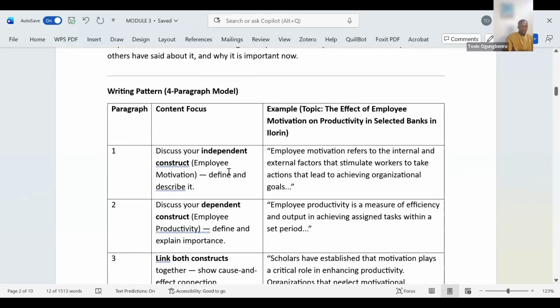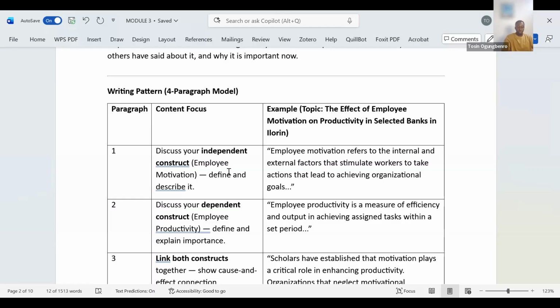Content focus. I like to break it down in paragraphs. Typically, we mentioned constructs yesterday, the independent constructs, dependent constructs. Your first paragraph should give some context even before we talk about any of your constructs.